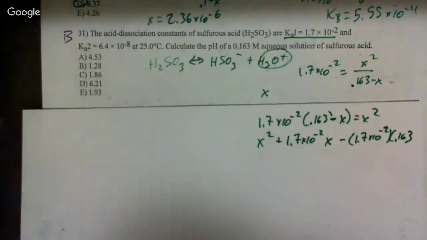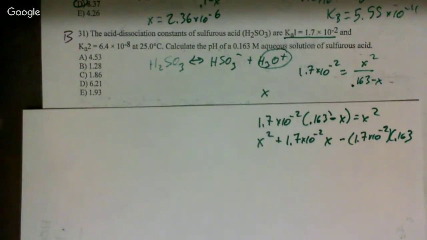I went a little off the screen there, sorry about that. Let's plug that in, and if I've got that all correct, I'm going to use the trace calc feature on the calculator to calculate a zero. I know I've got to be somewhere between 0 and 0.163.